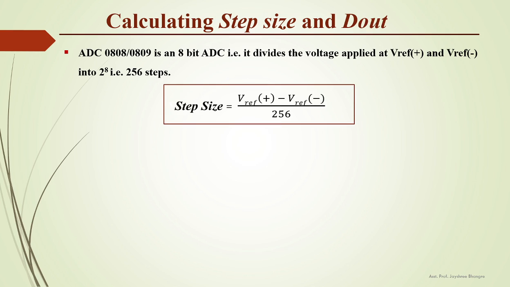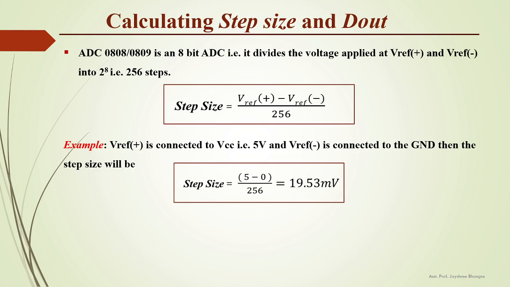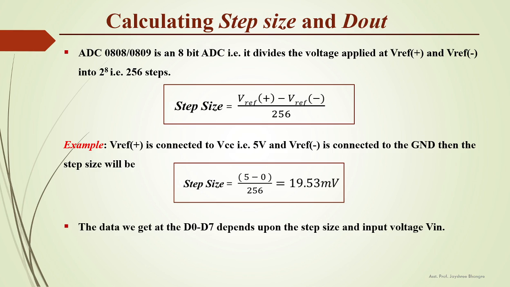So we can calculate the step size as Vref plus minus Vref minus divided by 256. For example, if we apply the plus 5 volt VCC to the Vref plus input and the Vref minus input is connected to the ground, then the step size will be 5 minus 0 divided by 256, that is equal to 19.53 millivolt.